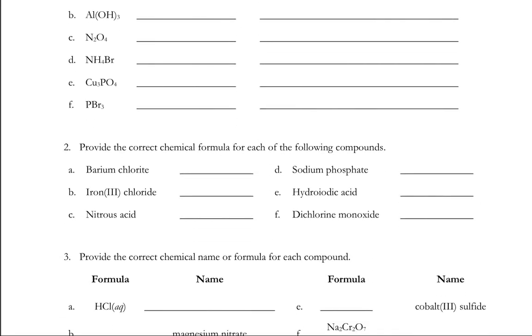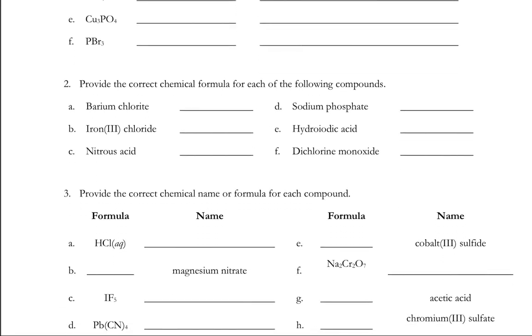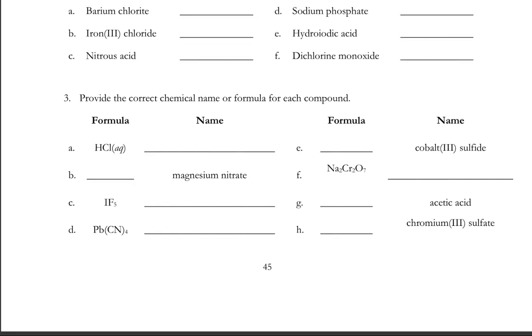In number 2, we're simply naming those. In number 3, we're providing a name or we're providing the formula given the name. And that is it. So when you've got that done, scan it, prepare it as a PDF file, and submit it.